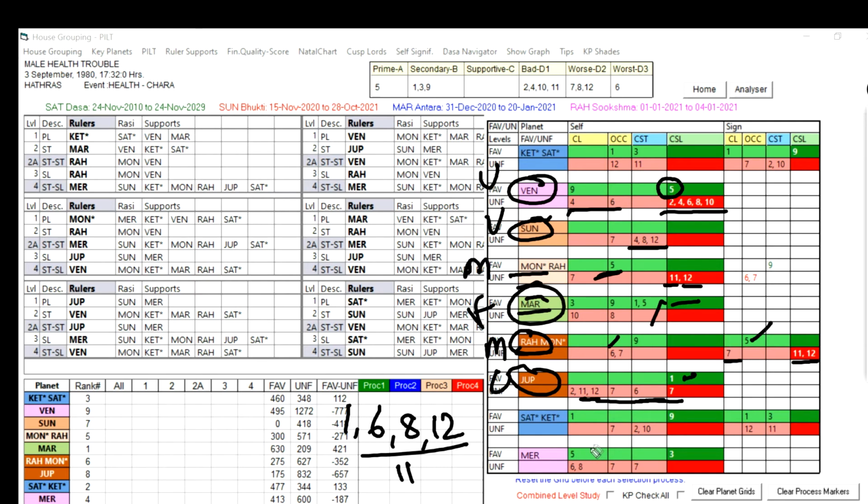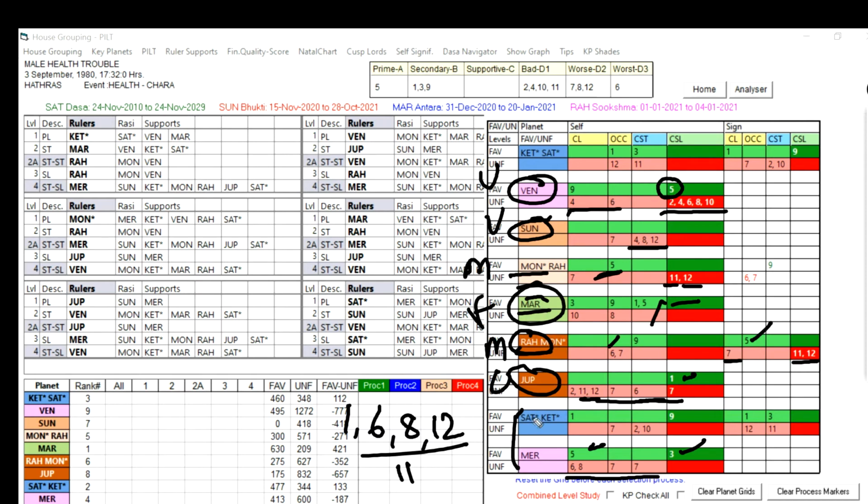Similarly, Mercury, 5th lord, 3rd cuspal sublord, though it is signifying 6, 8, 7, these 5 and 3 combinations are not making it more unfavorable. So in that case, Mars is favorable, and Saturn and Mercury we can also take as comparatively better when compared to the other planets on the favorable side.